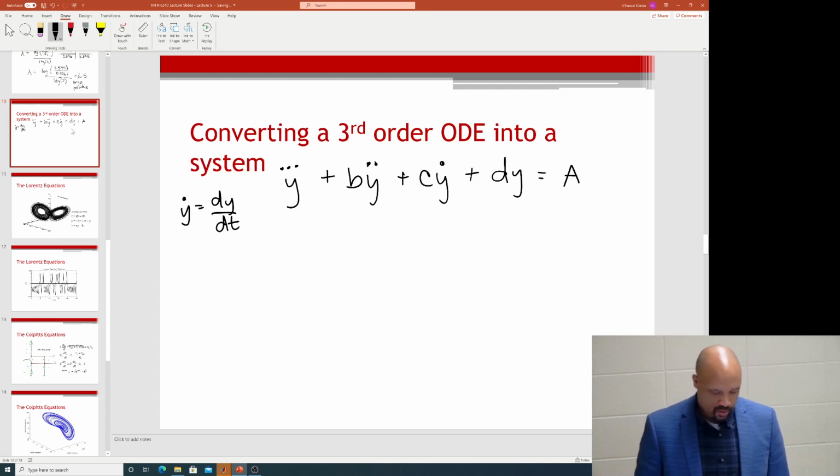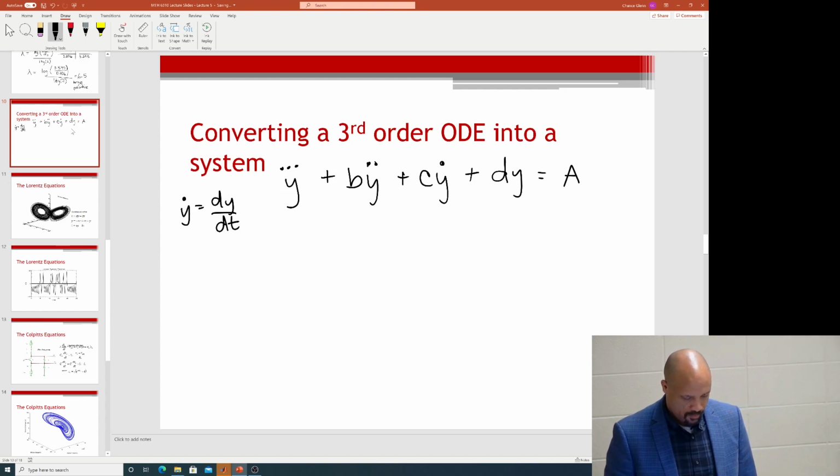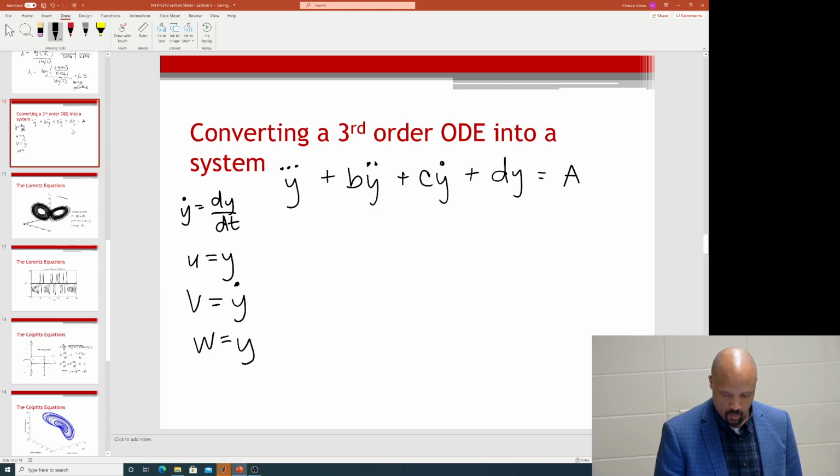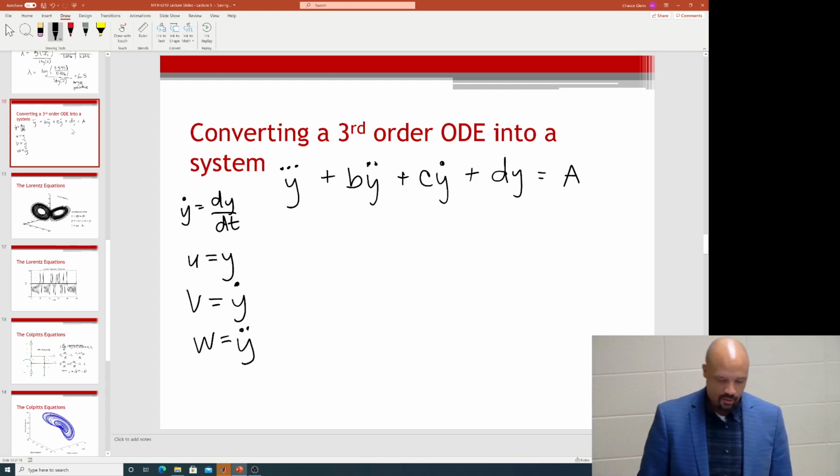Well, you can start like this. Let u equal y, let v equal y dot, and let w equal y double dot. Okay.